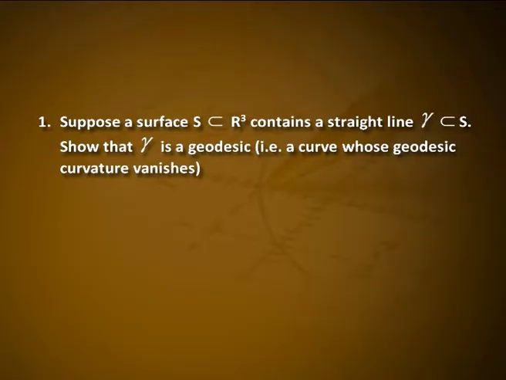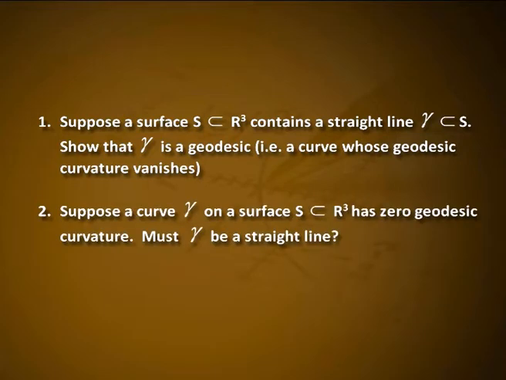Now you can try out these problems for a better understanding of the topic. First one. Suppose a surface S subset of R cubed contains a straight line gamma subset of S. Show that gamma is a geodesic, that is, a curve whose geodesic curvature vanishes. Second problem. Suppose a curve gamma on a surface S subset of R cubed has 0 geodesic curvature.